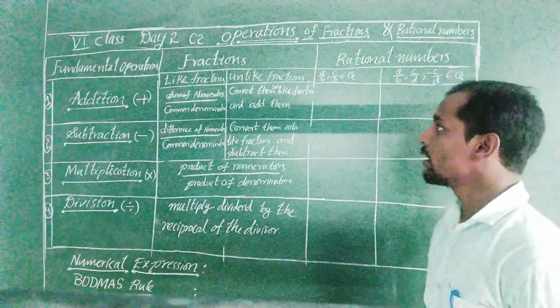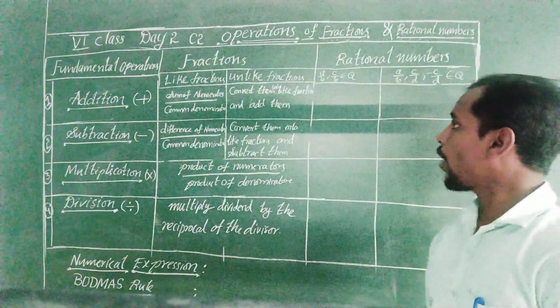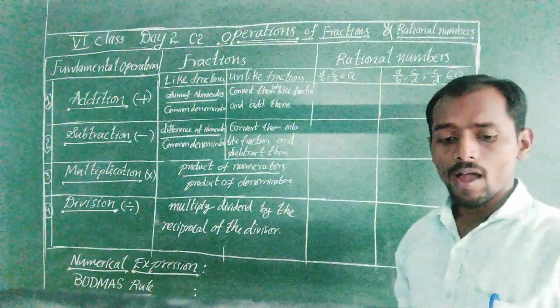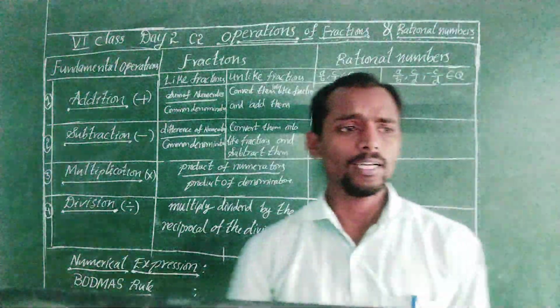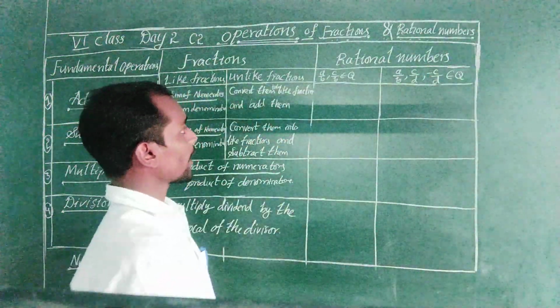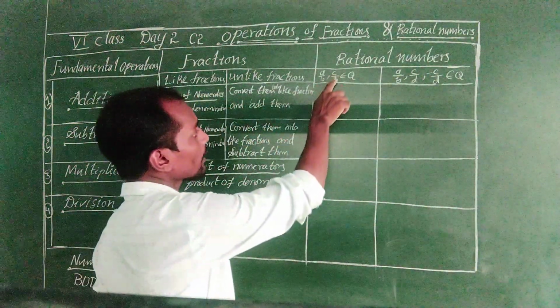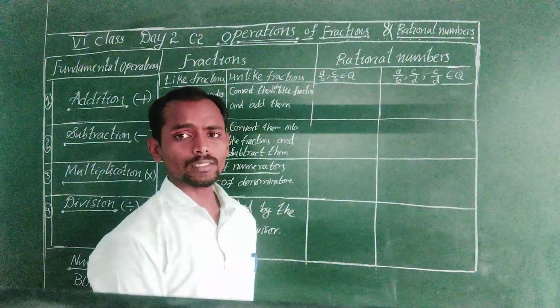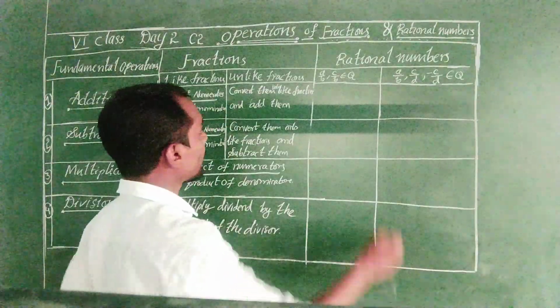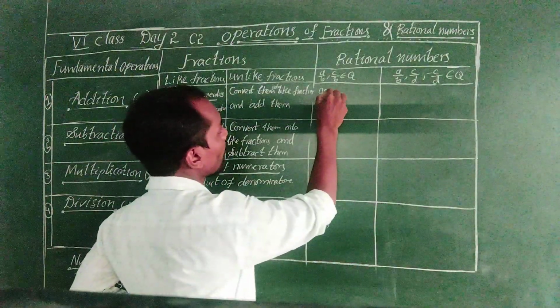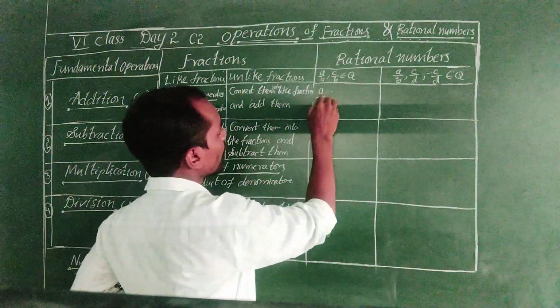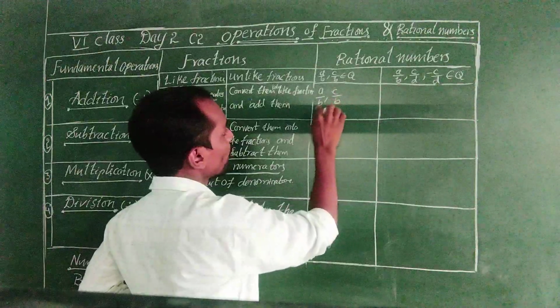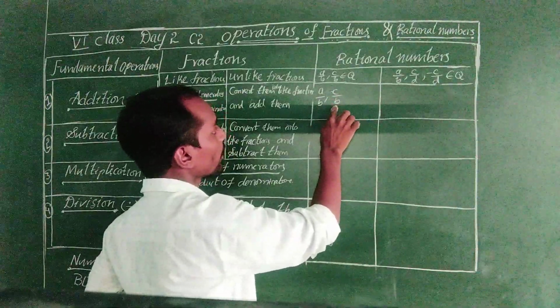Let us learn how to add two rational numbers. It is very similar. Listen carefully. If a by b, c by d belong to rational numbers, just add the numerators with the common denominator.